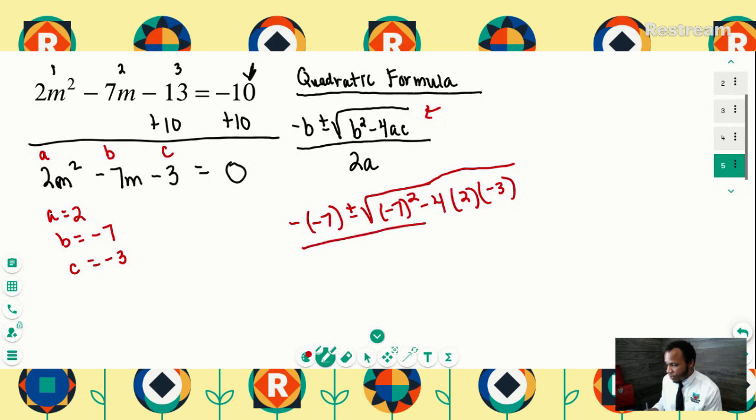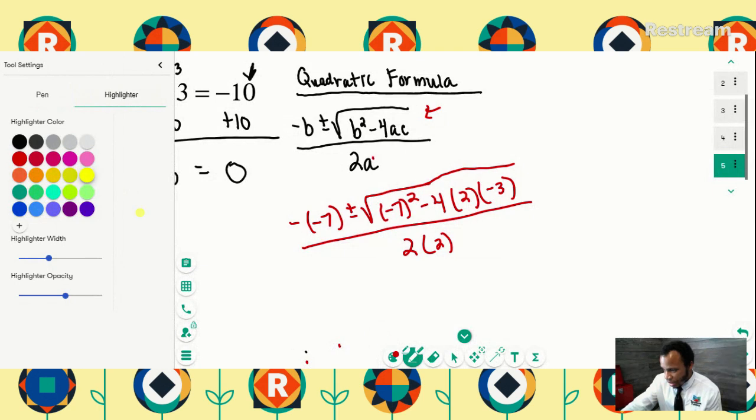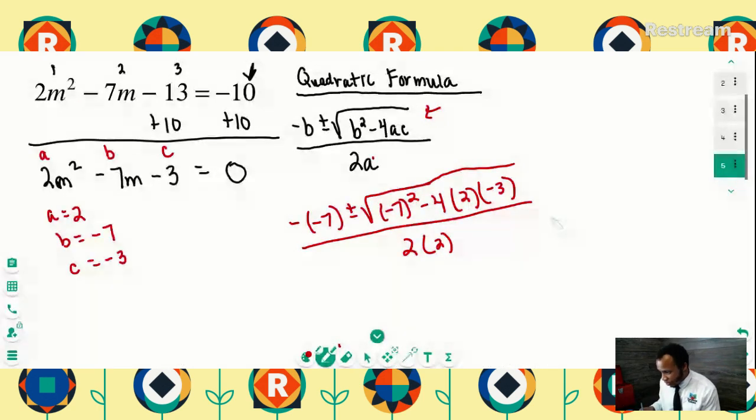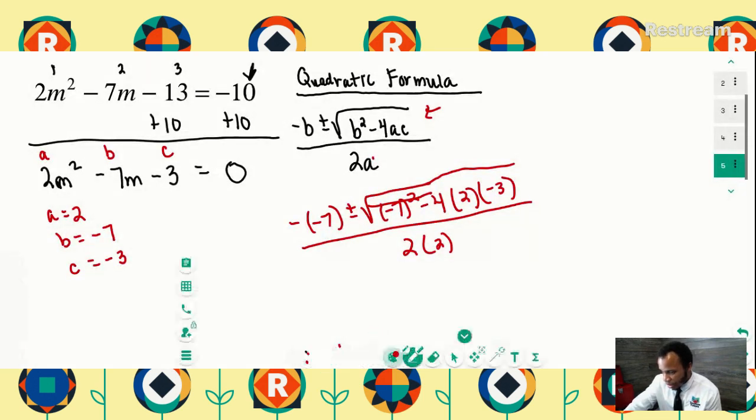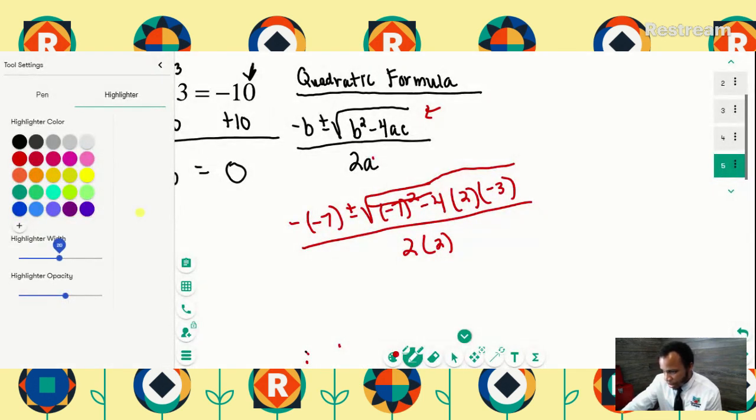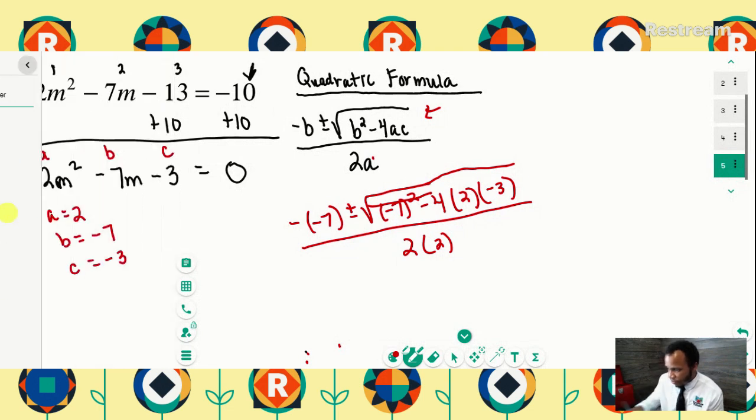All of this over 2 times a, which is 2. So 2 times 2. So now from here, what we can do is work with the part under the radical first.